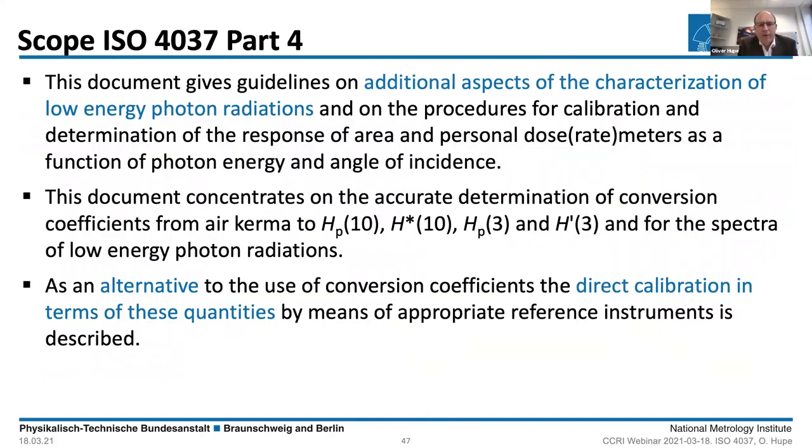As I said, part 4 will care about the low energy part, additional aspects of the characterization of low energy photon radiation, and the procedure for calibration and determination of the response of area and personal dosemeters as a function of photon energy and angle of incidence. Especially if you look at the angle of incidence and you go to very low energies, then you come up with requirements to adjust the angle of incidence with an accuracy which is not achievable anymore.